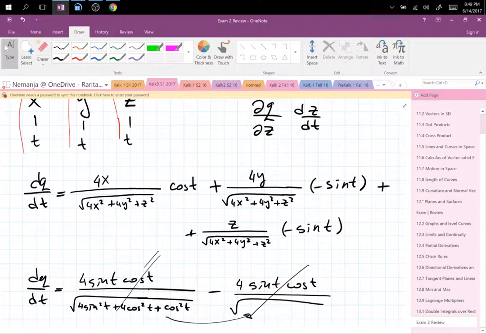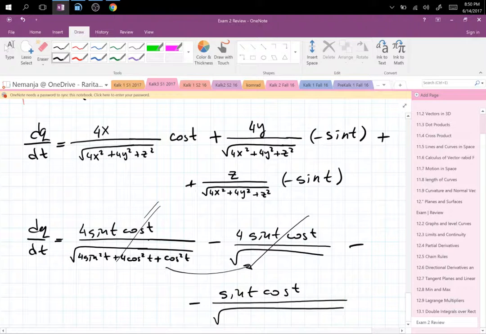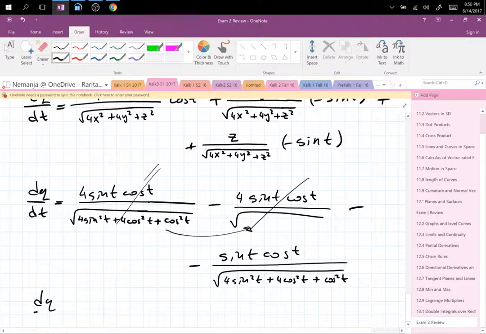So the only thing that is left is this term, minus sine t cosine t divided by the same 4 sine squared t plus 4 cosine squared t plus cosine squared t. So dq dt is equal to, this is a negative sign.